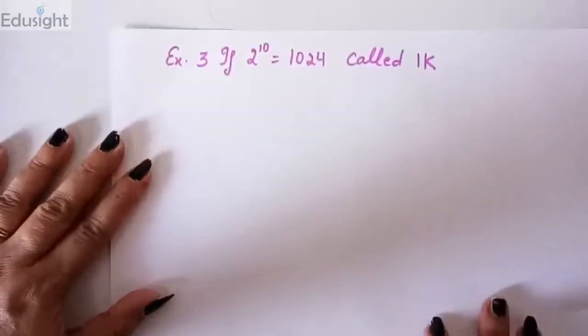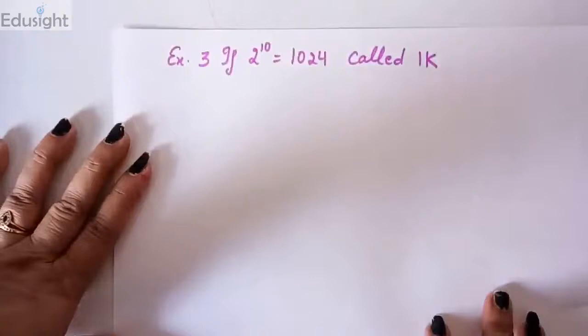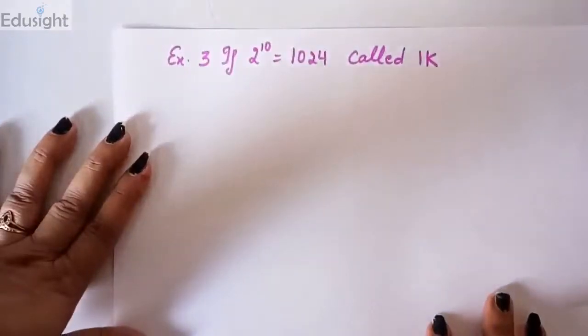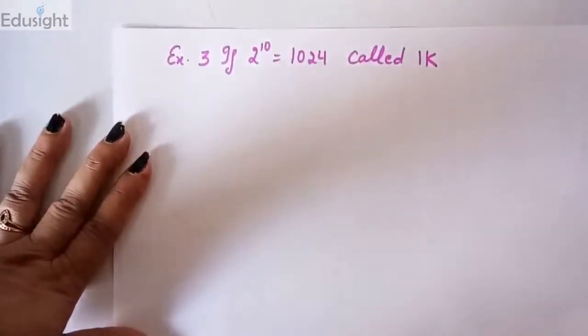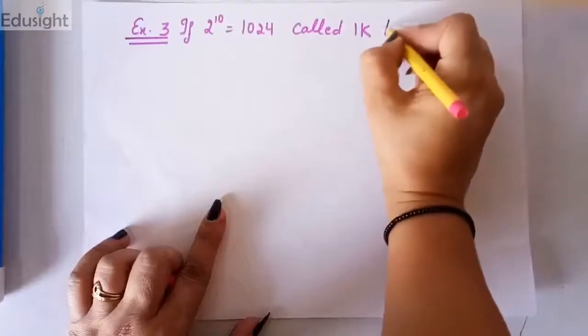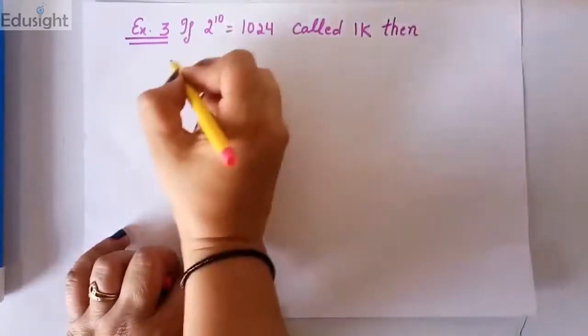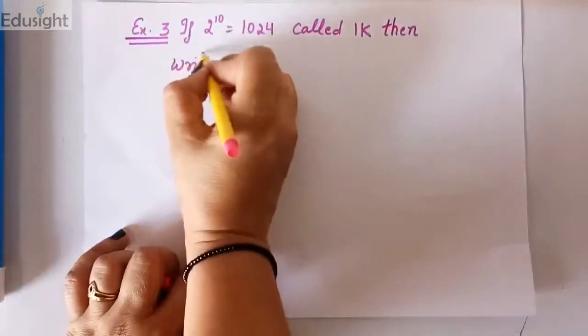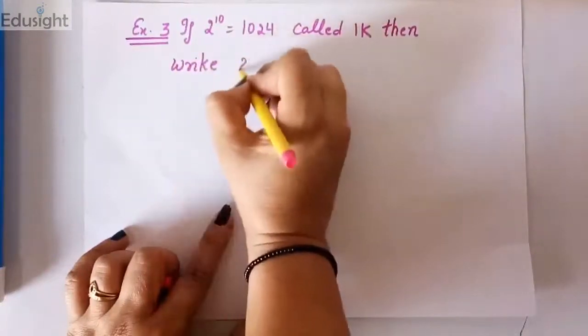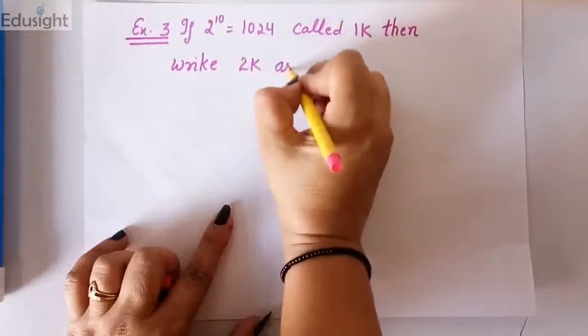Now one more example. If 2 raised to power 10 is equal to 1024, called 1k, then write 2k as a power of 2.